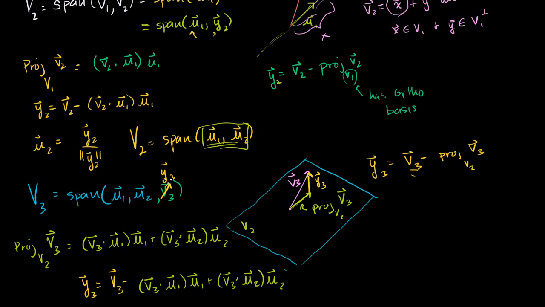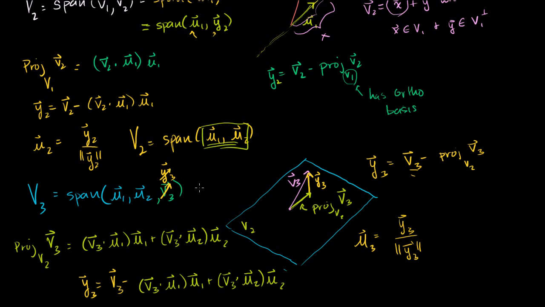But y3 does not have length 1 yet. It hasn't been normalized. So we can just replace y3 with another unit vector. We'll just say u3 is equal to y3 divided by the length of y3, whatever that might be. If we have what y3 is, we can figure out its length and divide by that.